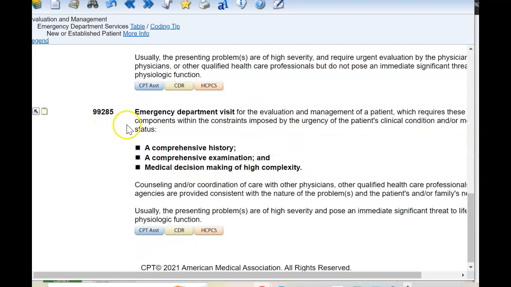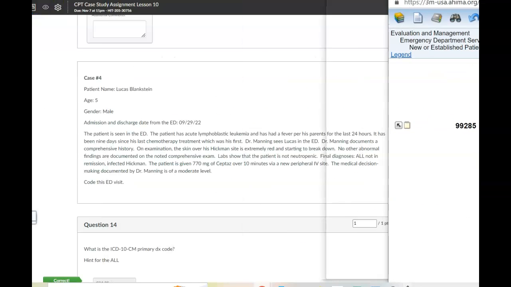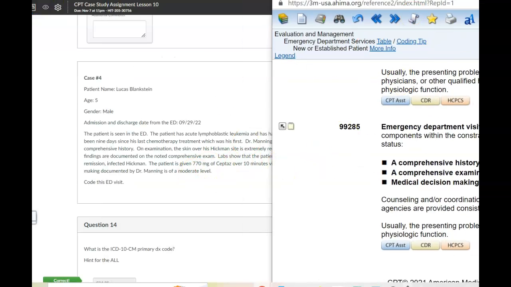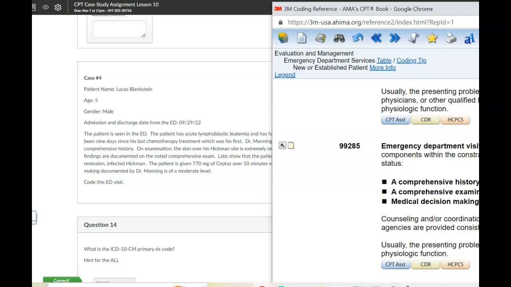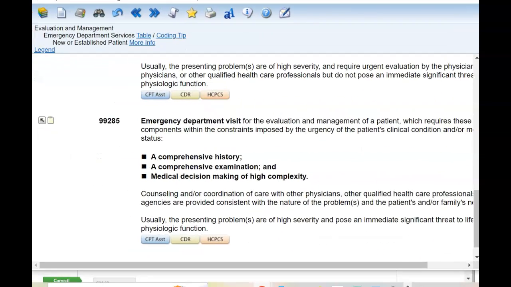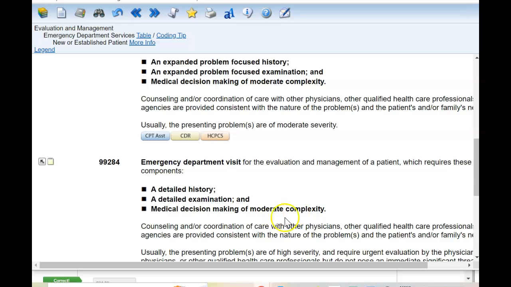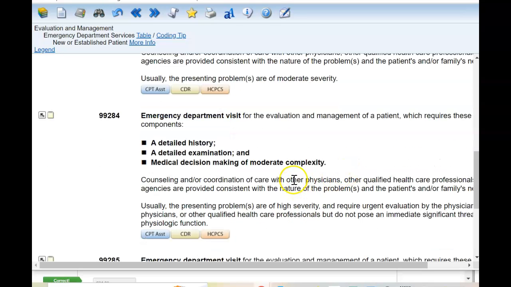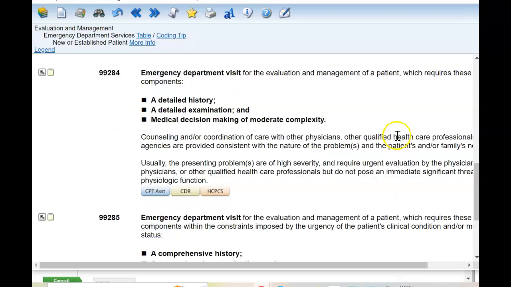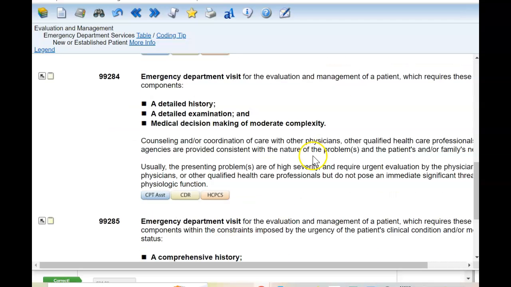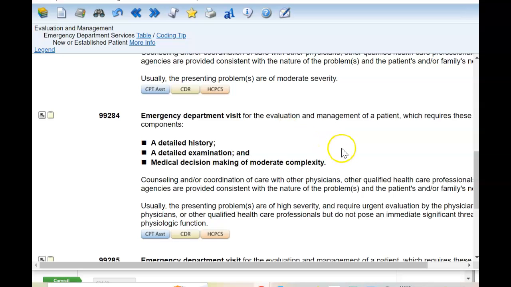So yes, 99284 has both of those, correct? But our decision making is of moderate level. I can't upcode, so I have to go down to the moderate level, 99284. Even though we have 2 out of 3, I need all 3 key components. That's why we're coding 99284.